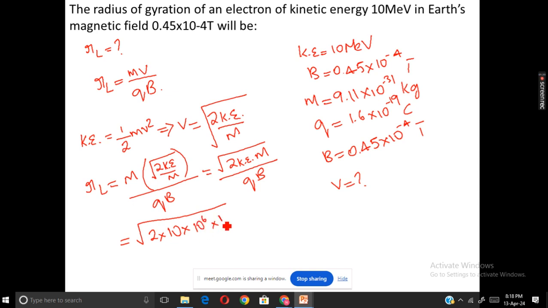We want to convert it into joule, 1.6 into 10 raised to minus 19, divided by q, which is again 1.6 into 10 raised to minus 19, into B, which is 0.45 into 10 raised to minus 4. So please calculate and tell me what will be the value of radius of gyration of the electron?